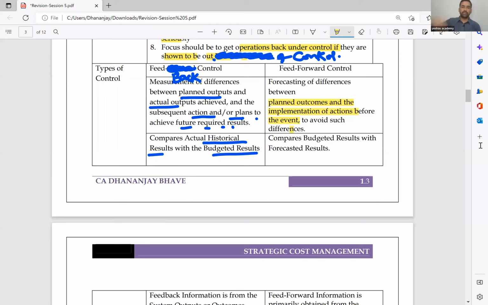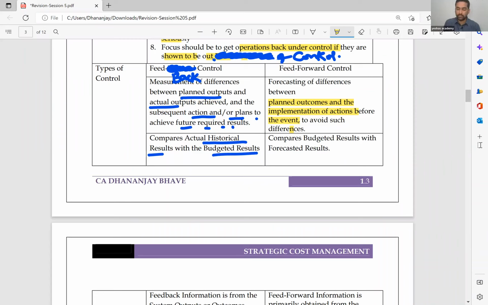September actuals will come after September 30, but looking at the ongoing scenarios in the market, I am thinking September cost may be higher than the budgeted cost. September is not over, it is just the 10th or 11th today, and I'm already expecting that my actual cost of September will be higher than the budgeted cost. This is called forecasted cost compared with budgeted cost.